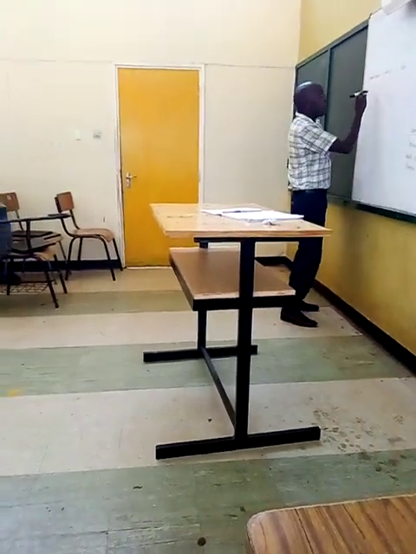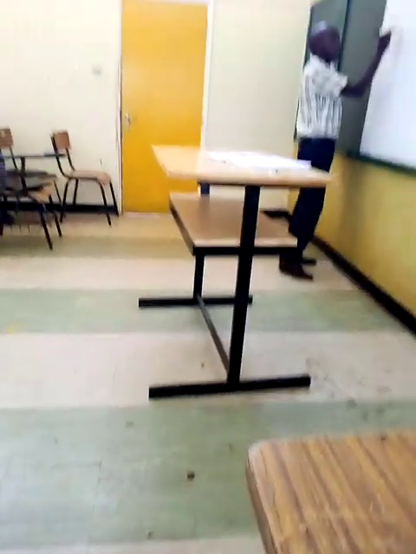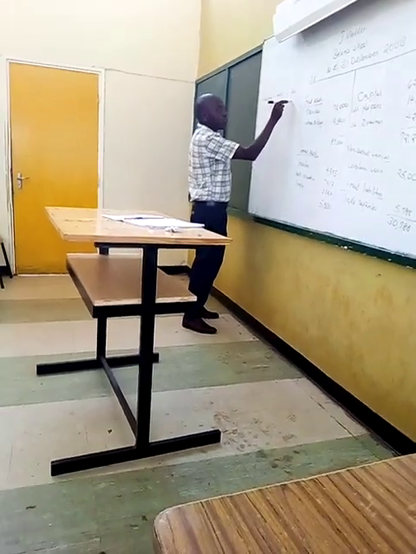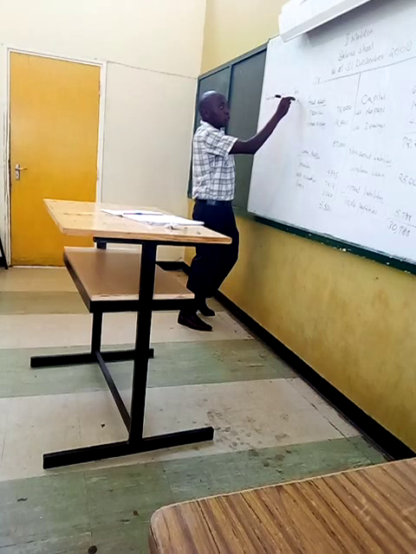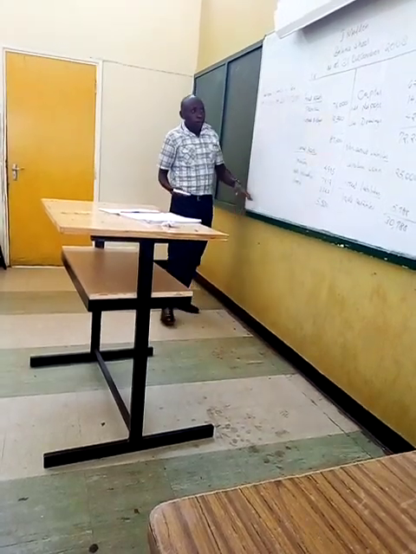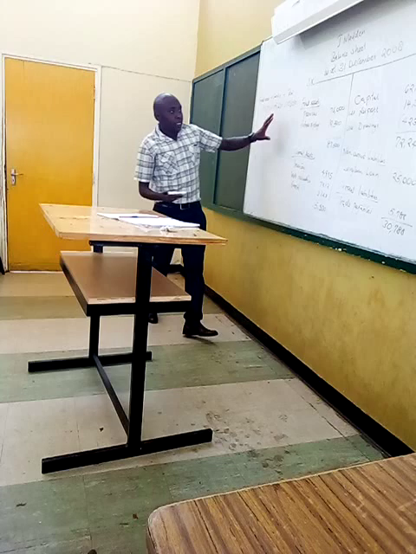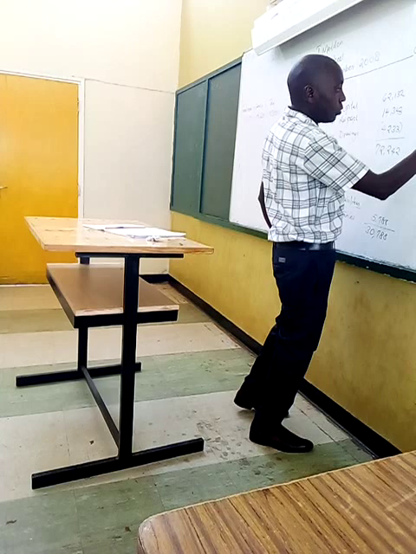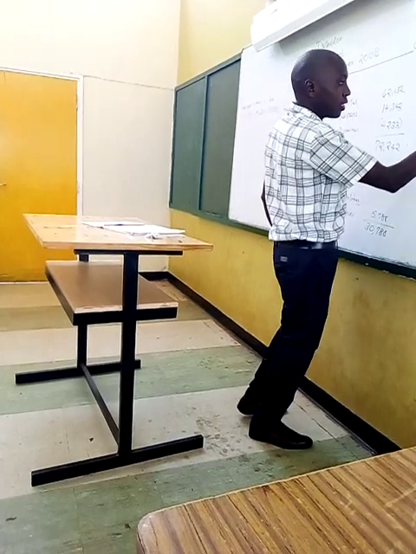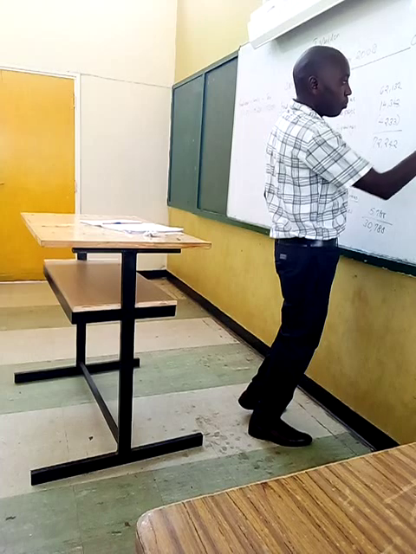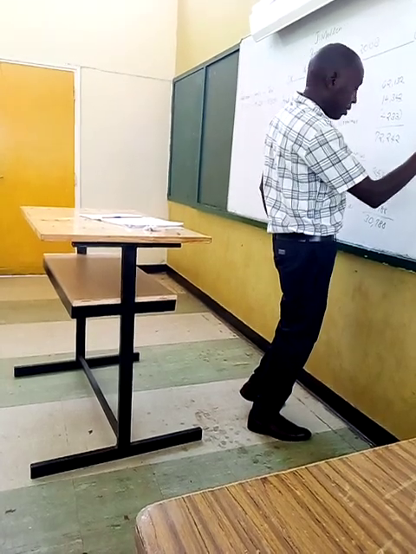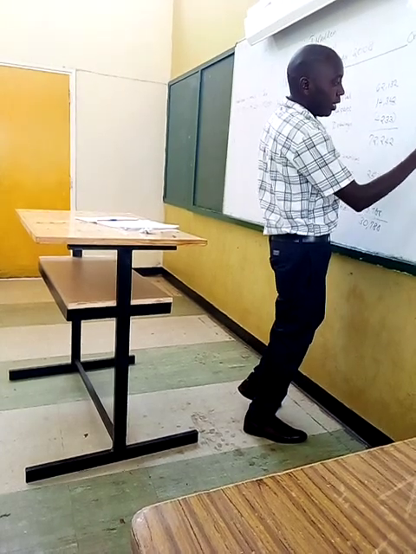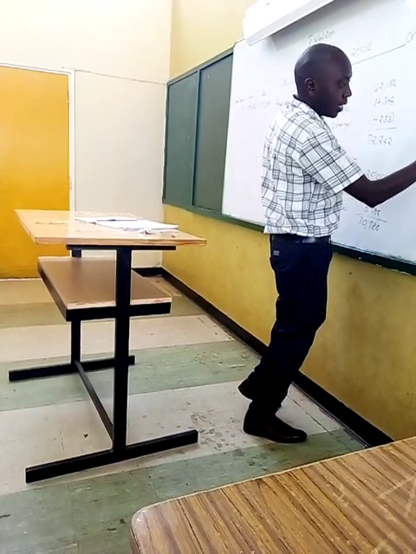In this case, we say 87,500 plus 53,530, which is equal to 103,030. On this other side, we add 72,242 plus 30,788, which is 103,030.